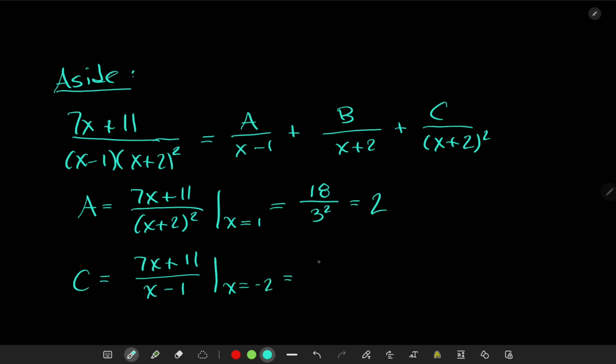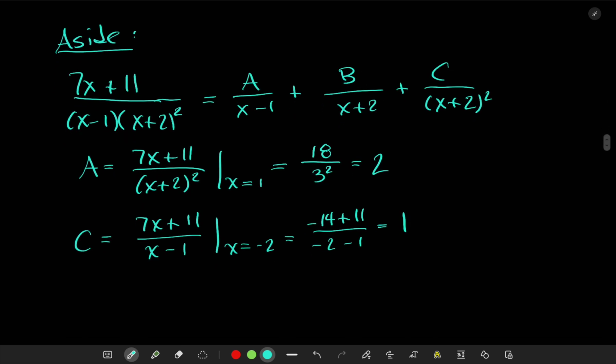And when I do that, I get negative 14 plus 11. Let's write it out. It's negative 2 times 7, and then I'm going to have negative 2 minus 1. What I'm going to get here is negative 3 over negative 3, which is positive 1 for this one. So I get a and c sort of for free just by doing the Heaviside method.